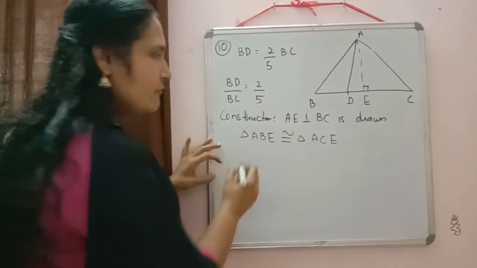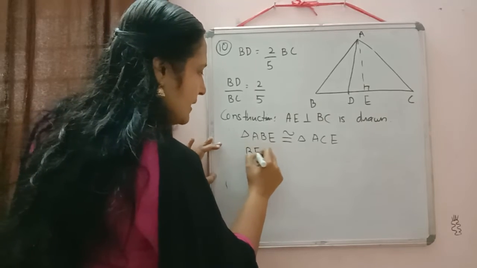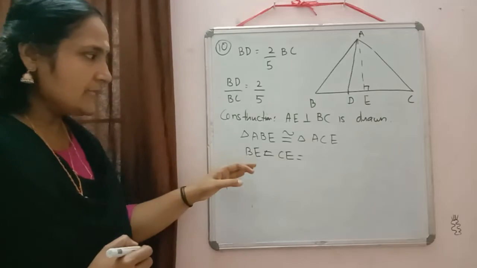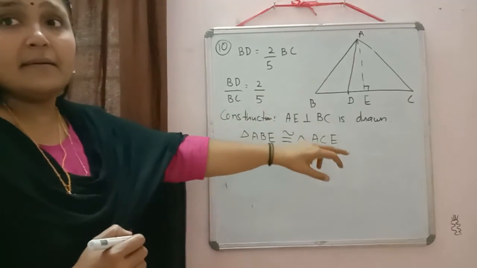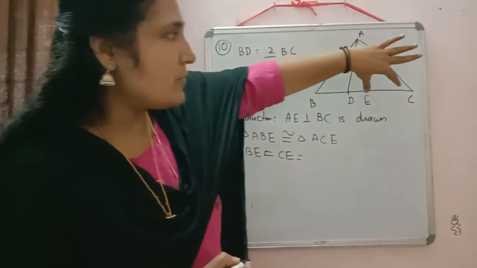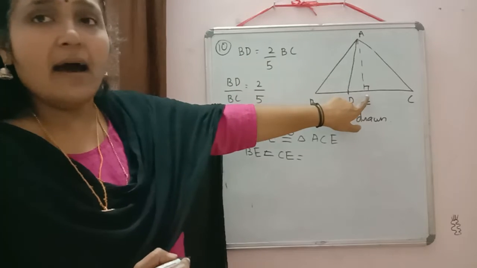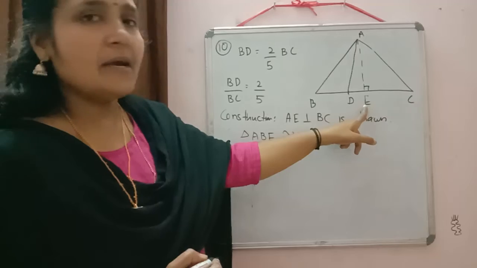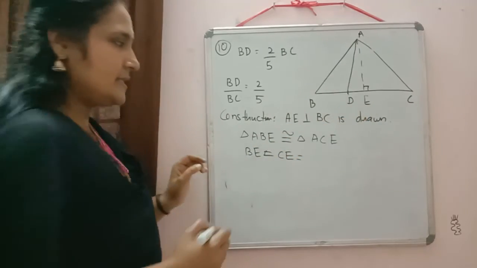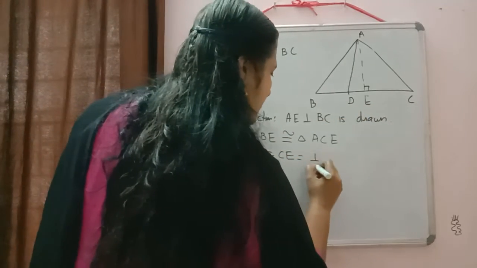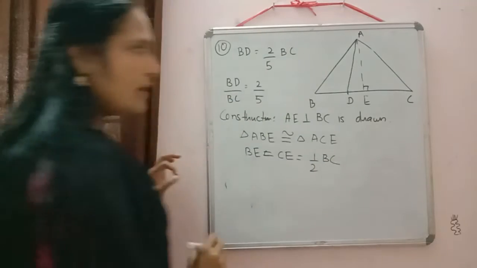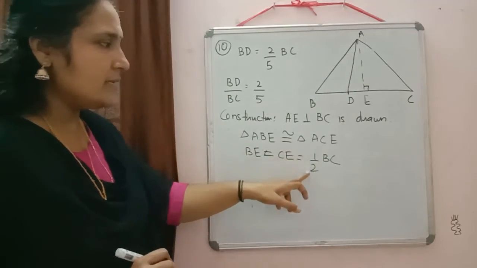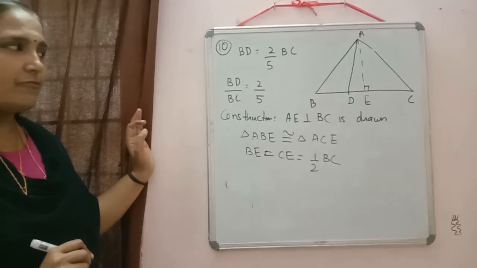So what will come from here? BE will be equal to CE. BE is equal to CE means E is the midpoint of BC. So BE will be equal to half of BC, and similarly CE also will be equal to half of BC. So we wrote here BE is equal to CE is equal to half of BC.